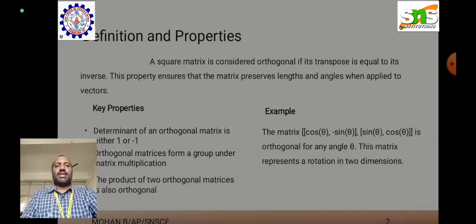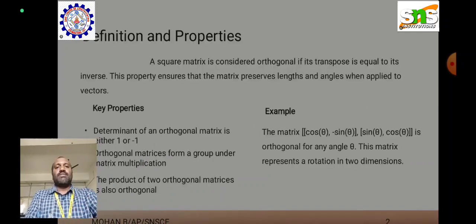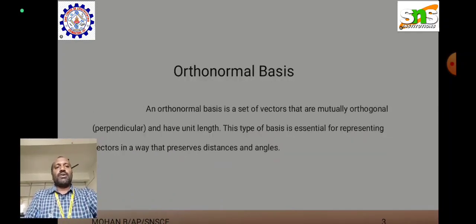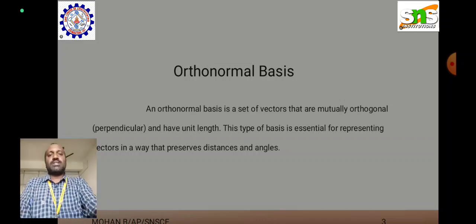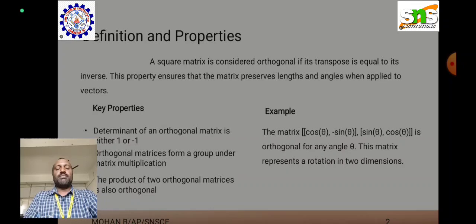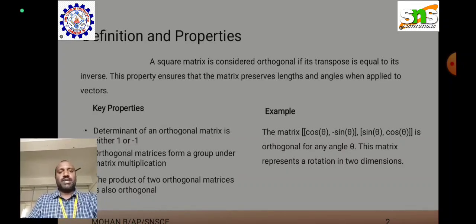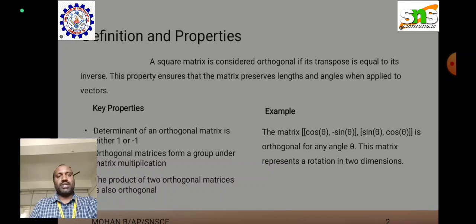Orthogonal matrices preserve length and angles when applied to vectors. Orthogonal matrices form a group under matrix multiplication, which is a very important thing. The product of two orthogonal matrices is also orthogonal. That is very important.